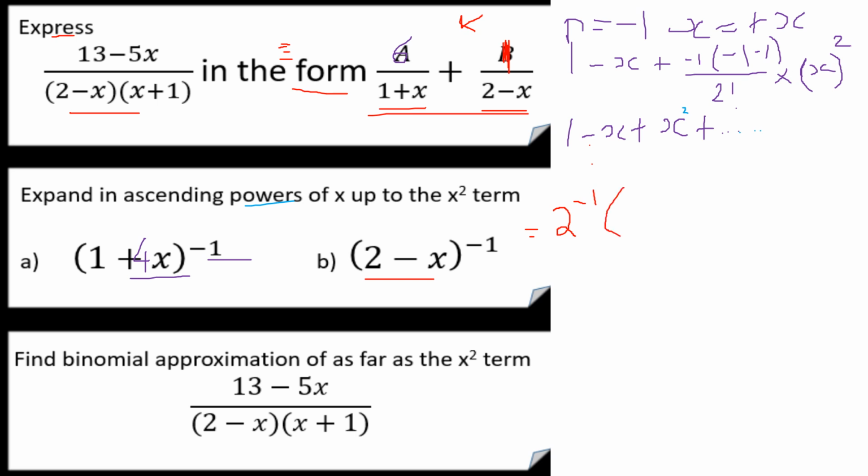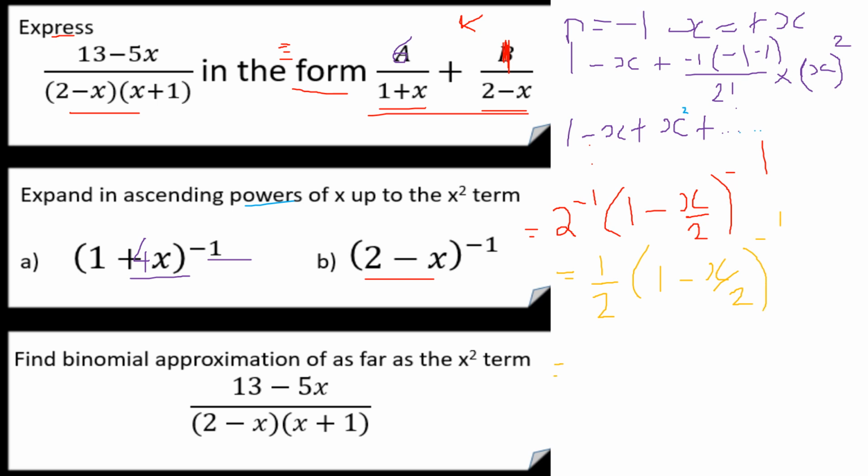So 2 to the minus 1, and then it's 1 minus x over 2, or 1 minus a half x, to the minus 1. So 2 to the minus 1, guys, is just equal to a half. So that will simplify to a half brackets 1 minus x over 2 to the power of minus 1.